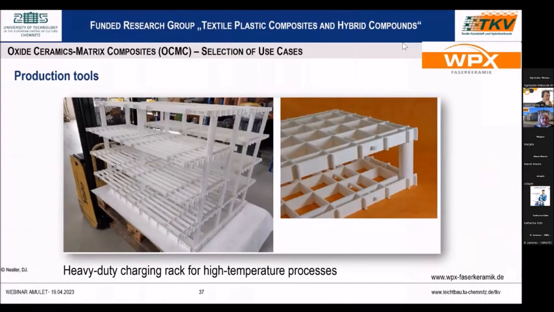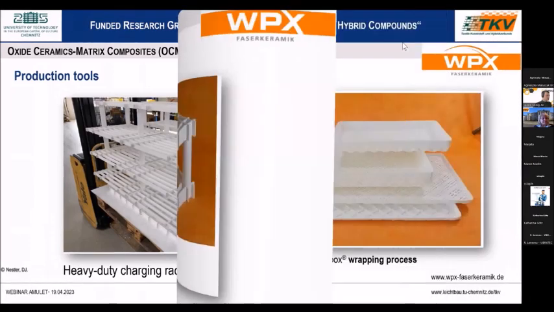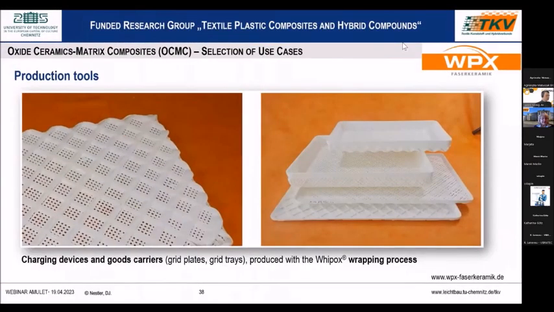Here, a heavy duty charging rack for high temperature processes, or some other charging devices and goods carriers, grid plates or grid trays produced with the Whitebox wrapping process. This is also very interesting, that they use the wrapping process as a textile process.